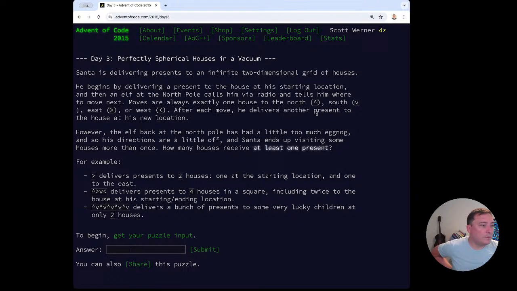Okay, so let's see what kind of objects we have here. So we have Santa, and then we have movement. Santa ends up visiting some houses more than once. How many houses receive at least one present?